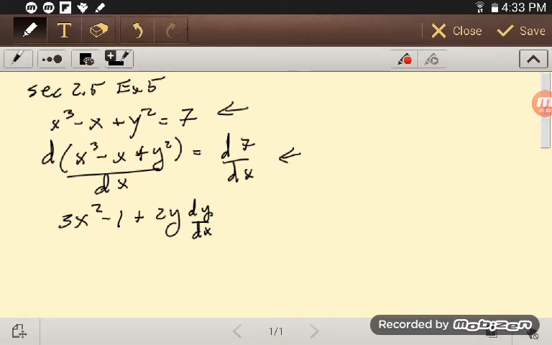I'm just not sure what that is. And then equals 0. So now, get everything involving dy/dx on the left side, everything else on the right side. So I have 2y dy/dx is equal to 1 minus 3x squared.